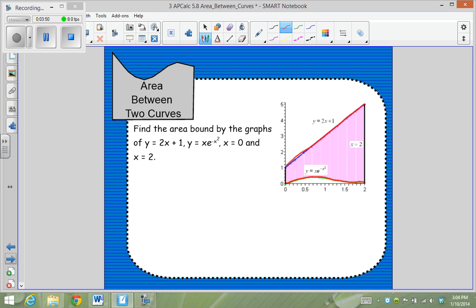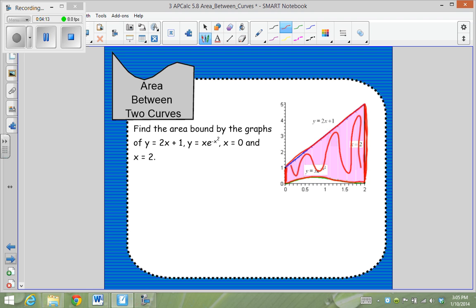Okay, now we've done the area under one curve, like under y equals 2x plus 1, but we have not ever done the area in between, this shaded area. And then we're bounding it from 0 right here to 2 over here. Okay, so that's what my graph looks like.